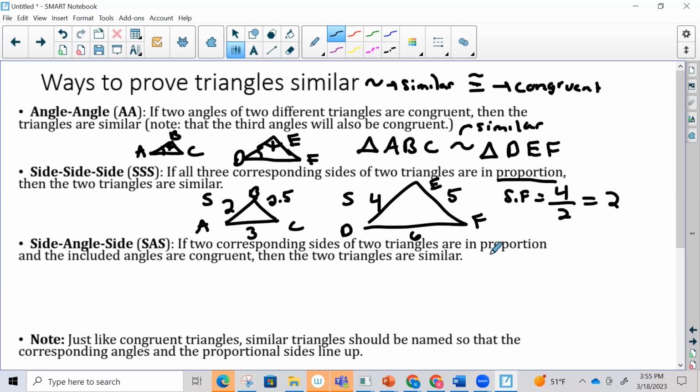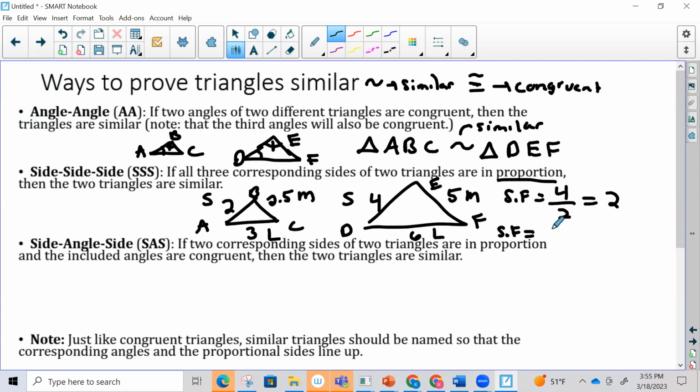So that's 2. And then I need to check that that's the same as the scale factor for the other two sides. So I'm going to take the medium side, which I have 2 is my smallest, 2.5 is my medium, 3 is my large in this triangle. 4 would be my small side, 5 is medium, 6 would be large.